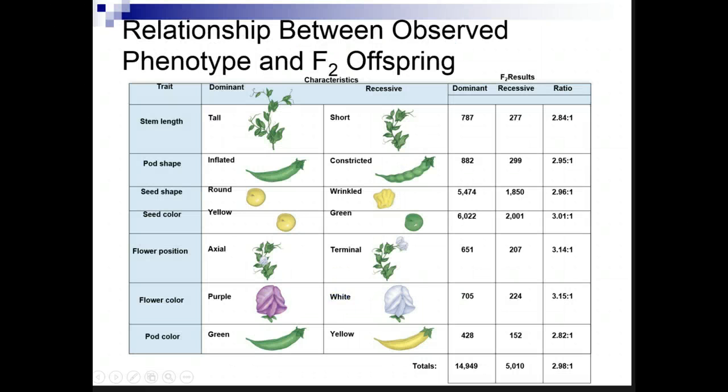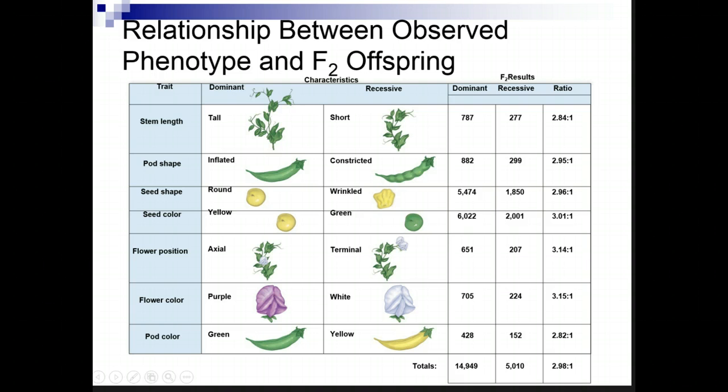Mendel did crosses such as the one that was just discussed for lots of different traits. He looked at stem length, pod shape, seed color, flower position, flower color, and pod color. He employed numerical analysis in studying these traits. He followed the inheritance of these traits for several generations, counting the numbers of offspring with each type of trait.